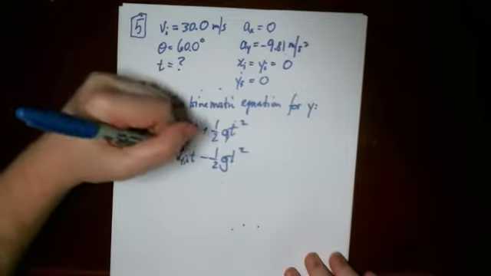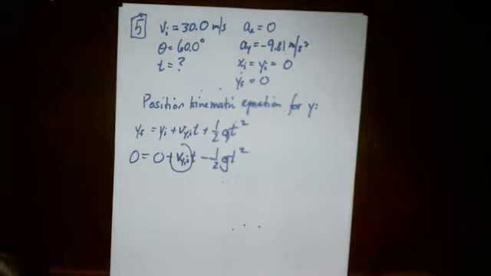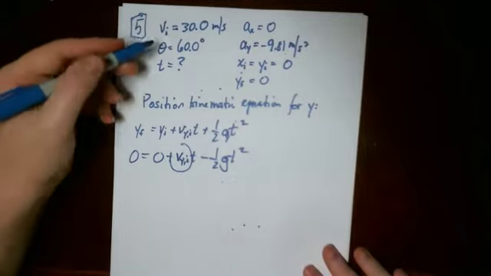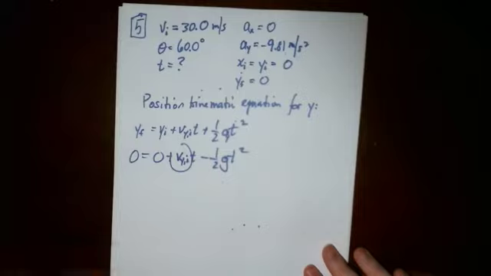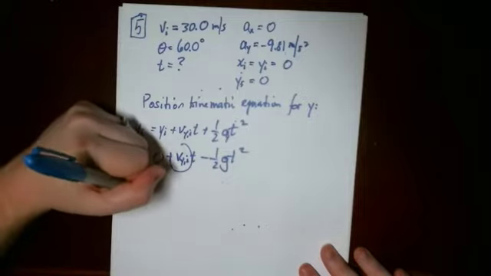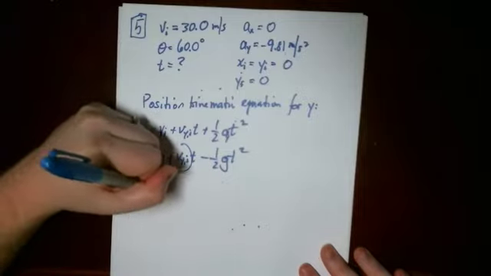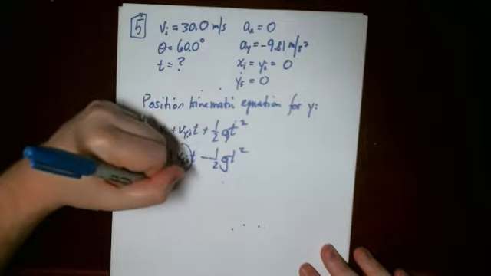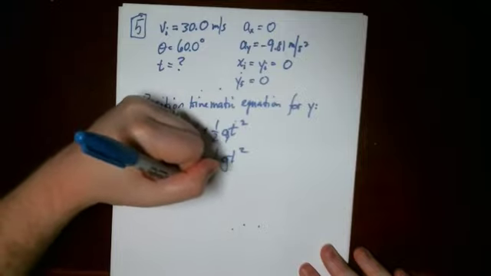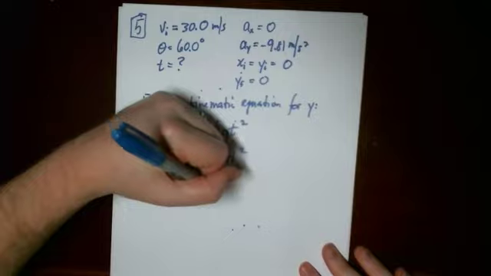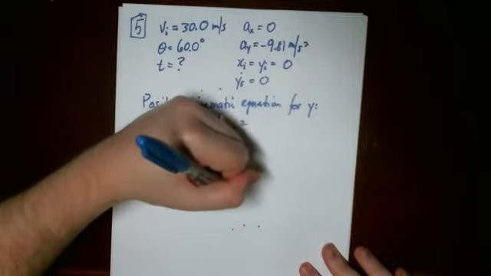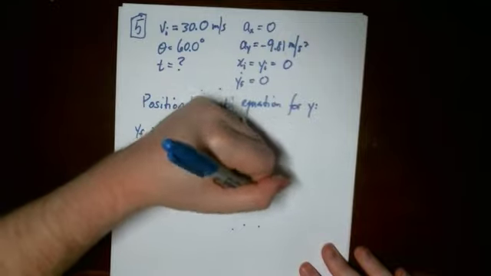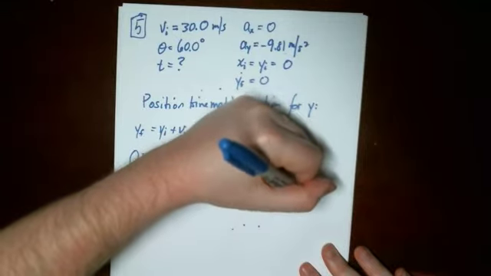So we need to find vyi first. Fortunately, we can find that given what we know. We know the angle it's hit at, and we know what vi is. Remember how our vector components work, vyi is just going to be vi times the sine of 60. So we'll have 30 meters per second times the sine of 60 degrees.